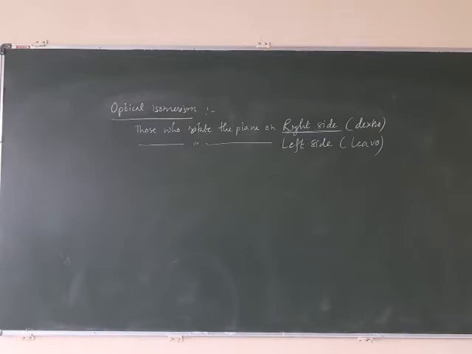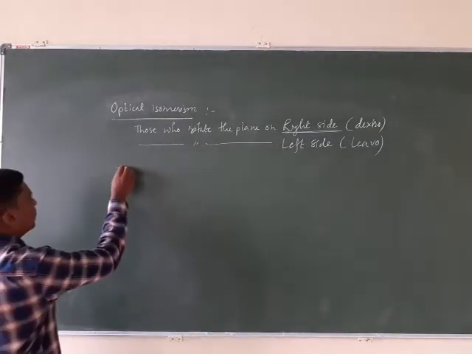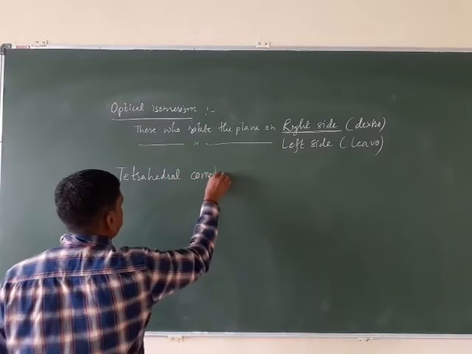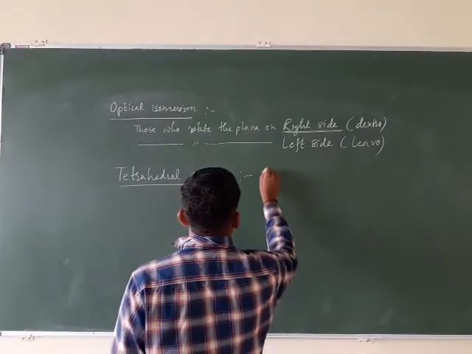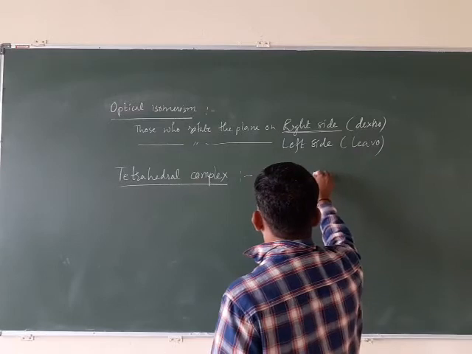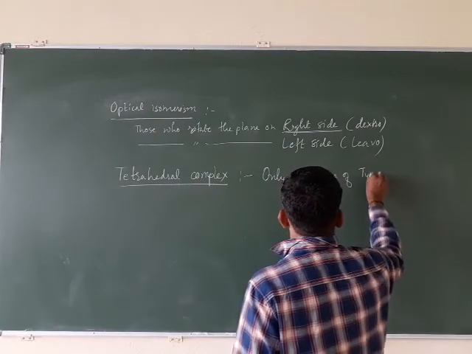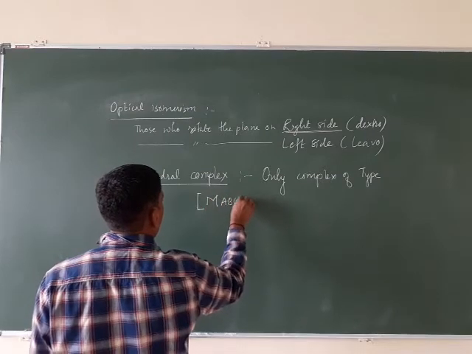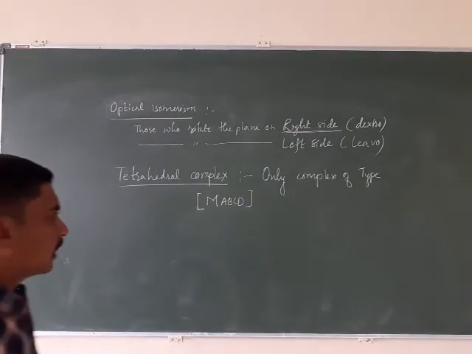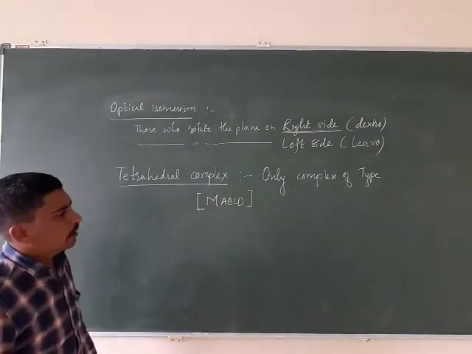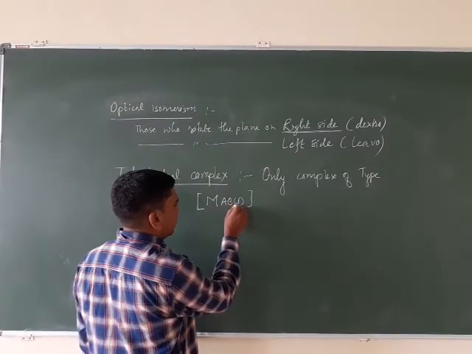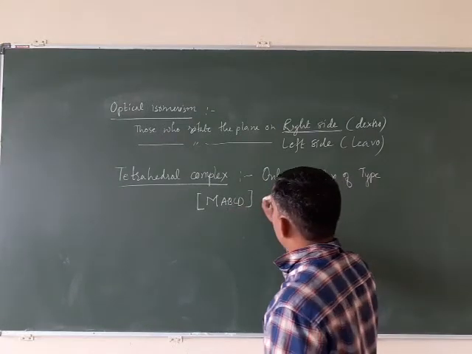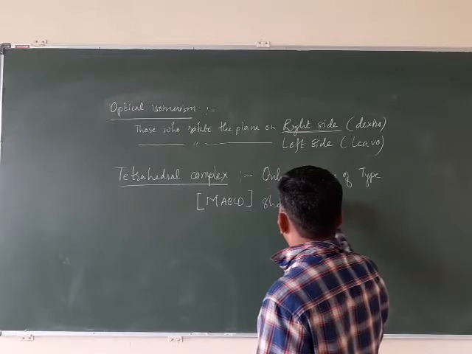If we discuss a tetrahedral complex, only a complex of type MABCD, where all are different unidentate, monodentate ligands, shows optical isomerism.